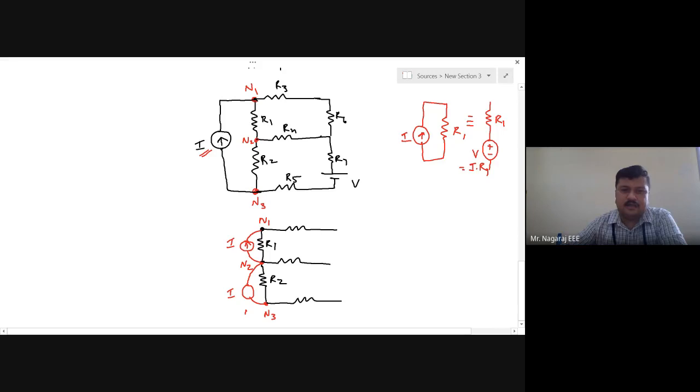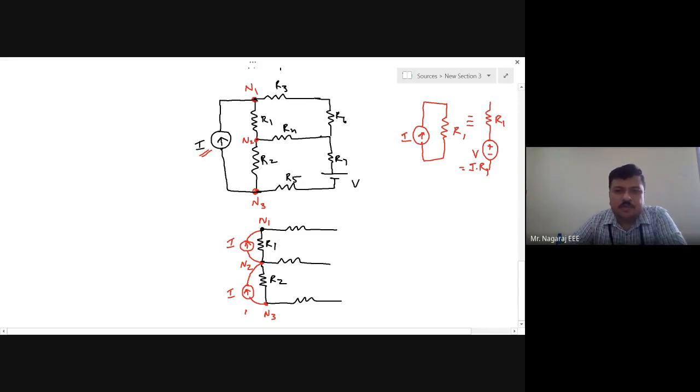This current I is leaving the node N3, so this current I should leave the node N3. So the direction is upward. Simple. If the direction is upward, the current source across the branches in parallel should be upward. If it is downward, it should be downward.